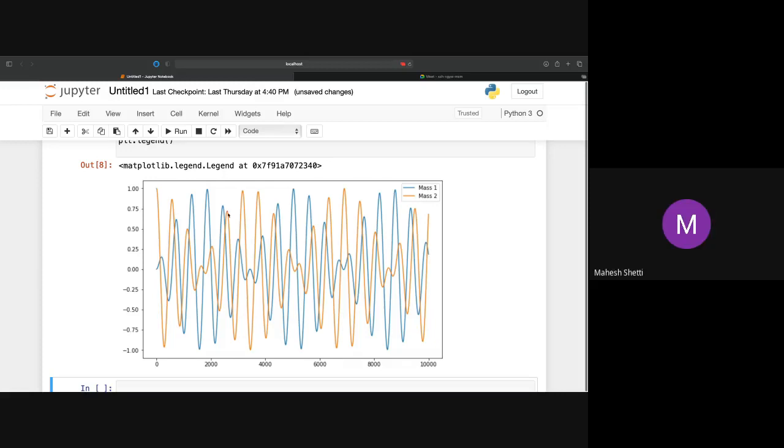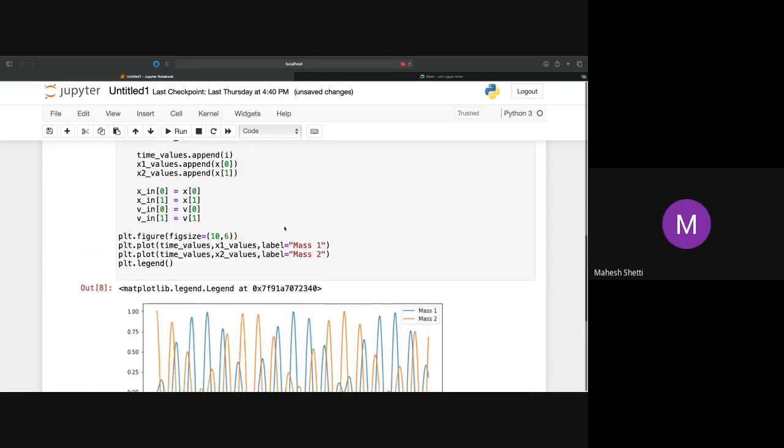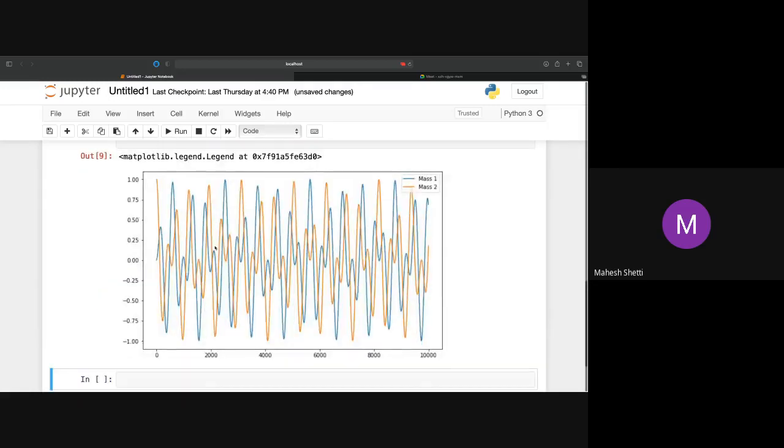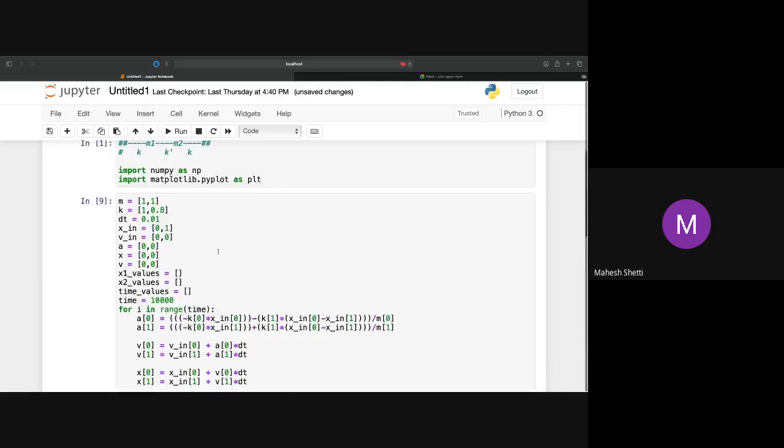Now you can change k prime and see what the effect is on the beats. Let's increase it 4 times. Okay, that's a very high frequency. That's too much, and you get quite a high beat frequency. I'll decrease k. What was it initially? 0.2. Okay, so now make it 0.1.